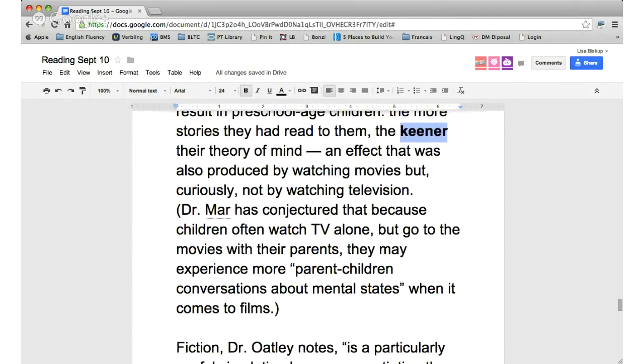So I was wondering what the difference would be nowadays between movies and the television, since are they really talking about movies as longer stories, or television, which is often like short sitcom-y type things? It's not so much like an in-depth story.